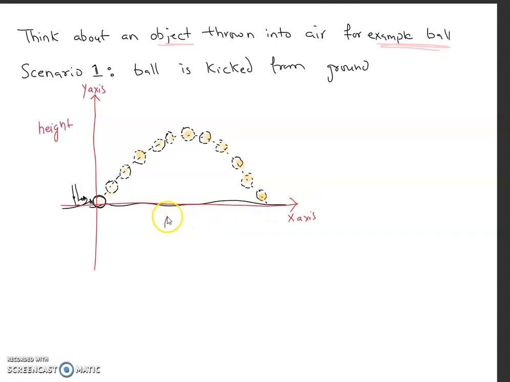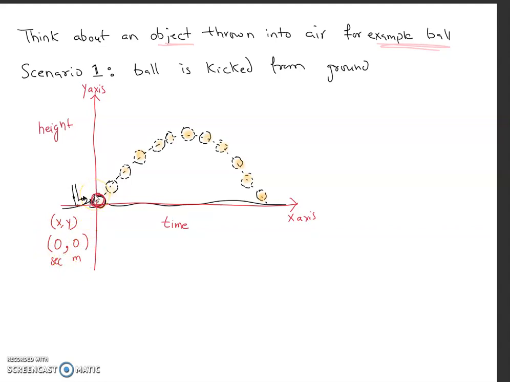Let's first think of it as time. Initially, when the ball is just sitting on the ground, your height is 0 and your time is 0. Remember, we always start with the x and y point. So it is 0 seconds because nothing has started, and the height is also 0 meters.